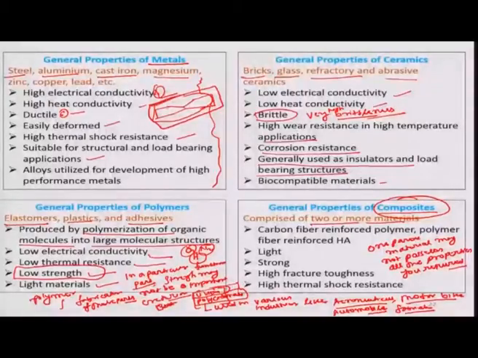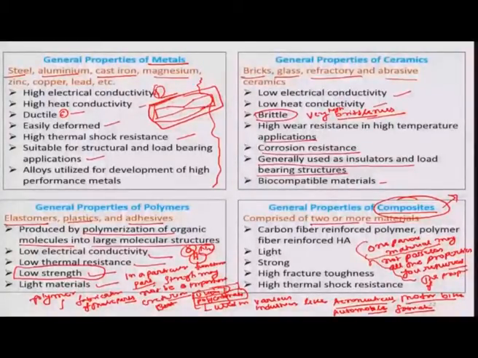So if you mix another material with this first material, that is a composite, and your goal will be achieved, because after making a composite, the property of the hybrid material will be higher than your parent material.